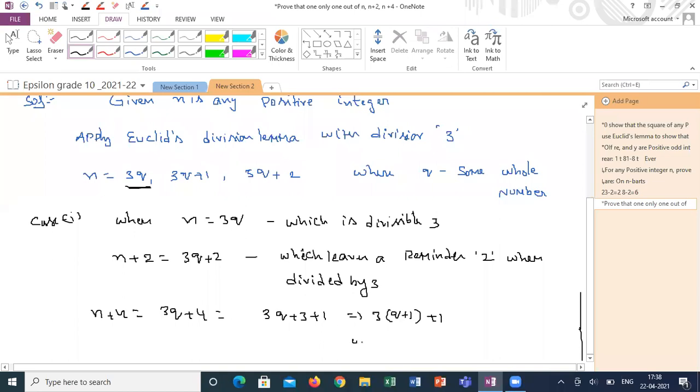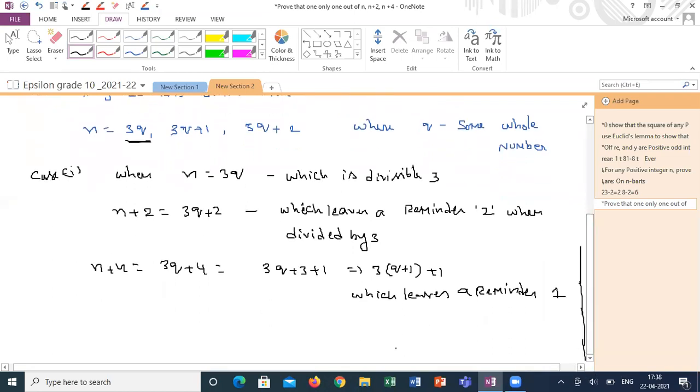Which leaves a remainder 1 when divided by 3.